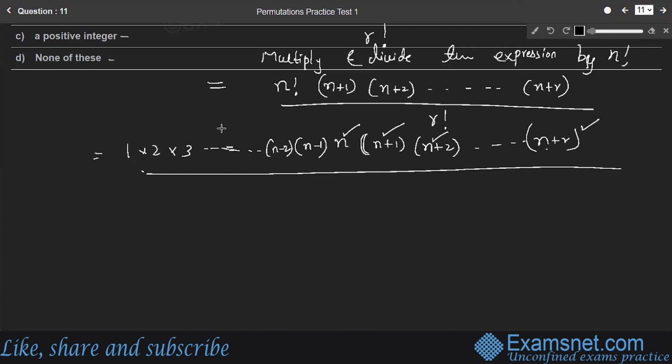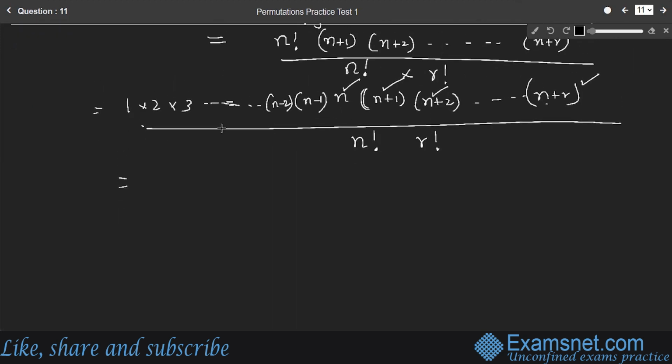Divided by, so we have to divide the expression by factorial n. So the denominator becomes factorial n into factorial r. Therefore, the denominator is factorial n into factorial r. Now come to the numerator part. The numerator is factorial n plus r, since n plus r's previous term is n plus r minus 1, and so on up to 3 into 2 into 1.